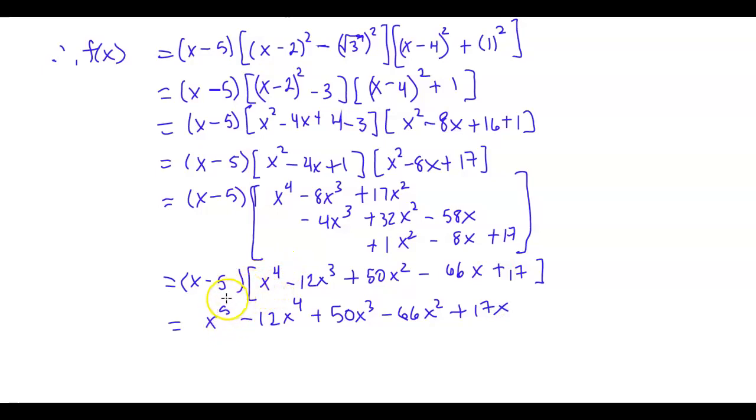And then we'll multiply everything through again by negative 5. So I have negative 5x to the fourth. Then that'll be a positive 60x cubed. Then a minus 250x squared.